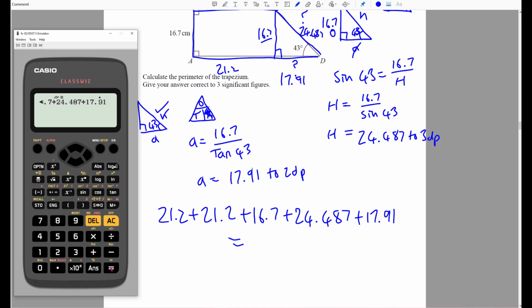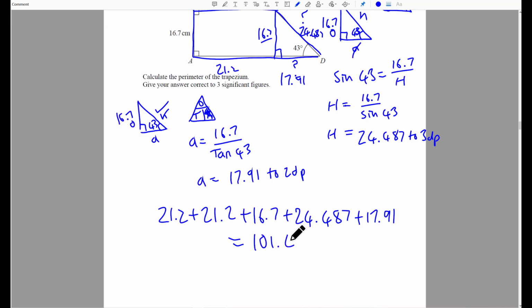And I'm just going to use all the numbers I found and then round it to 3 significant figures at the end. That's 101.497. So the 3 significant figures is the 1 and 1, so it equals 101 centimeters.